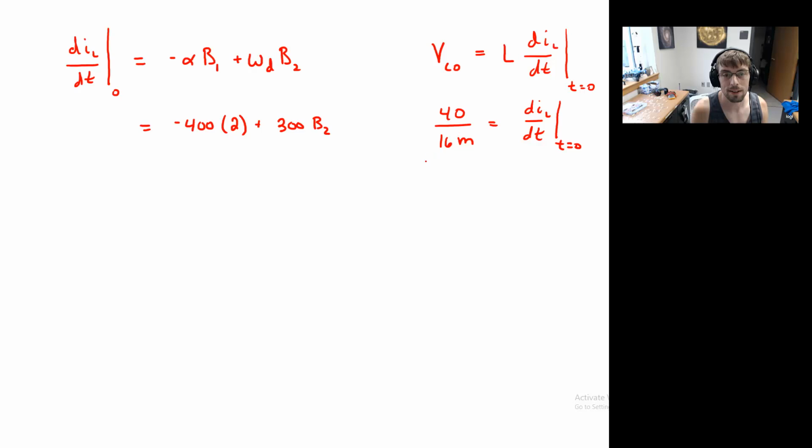This is 40,000 divided by 16. So this is 10 to the 4th divided by 4. So this would be 2,500, unless I boggled something there. And we're off to the races.